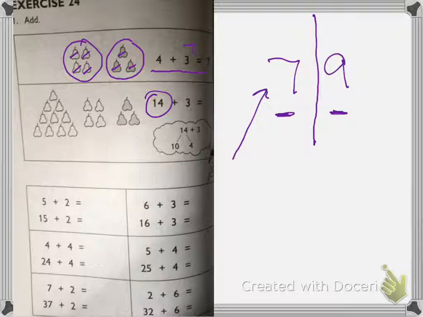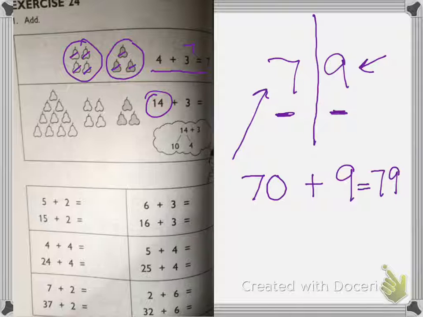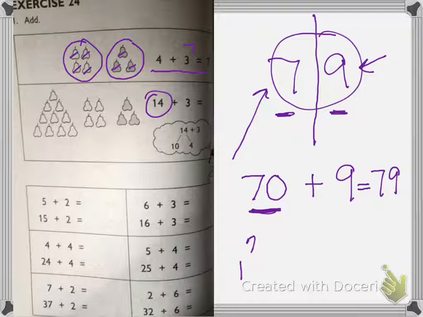So 7 tens is 10, 20, 30, 40, 50, 60, 70. There are 9 ones on the one side. 70 plus 9 is 79. See, that was our original number, 79. Okay? 70 is 7 tens, and 9 is 9 ones.